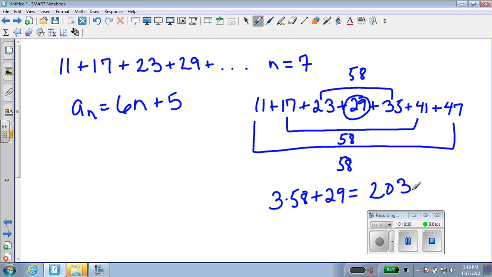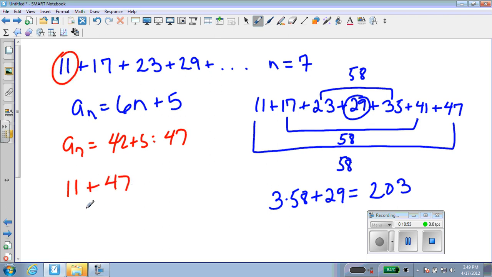So let's run it this way. All right, so our functional definition, 6n plus 5. So our 7th term would be 42 plus 5, 47. That's good. We do our first term, 11, plus 47.